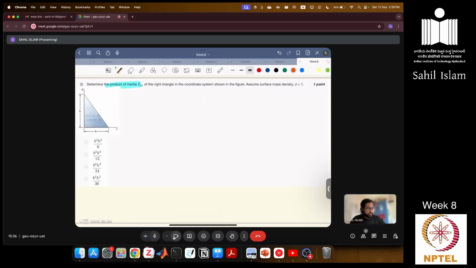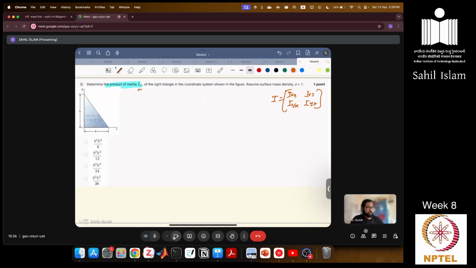So the moment of inertia tensor you can write as I equals Ixx, Ixy, Iyx, Iyy. These diagonal ones are the moments of inertia and these off diagonal ones are the products of inertia.